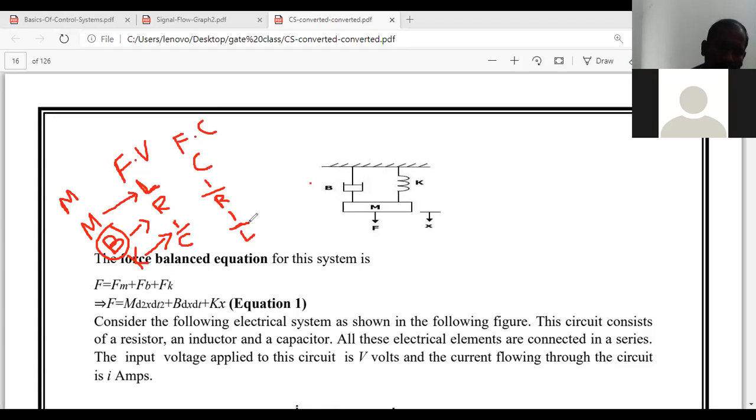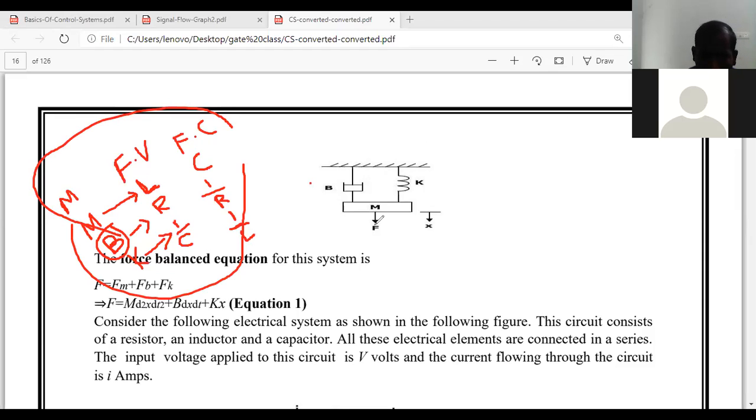So this simple rule you should remember. Many times you will be asked, what is the electrical equivalent of mass in force voltage analogy? What is the mechanical equivalent of electrical system in force current analogy? Like that they will ask. Is it clear?